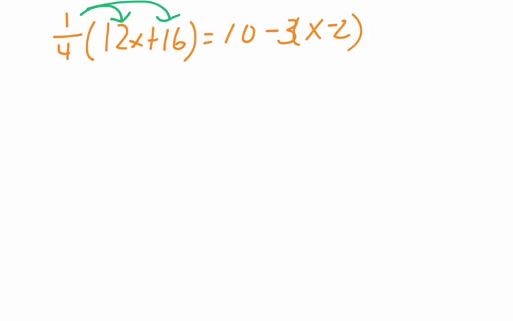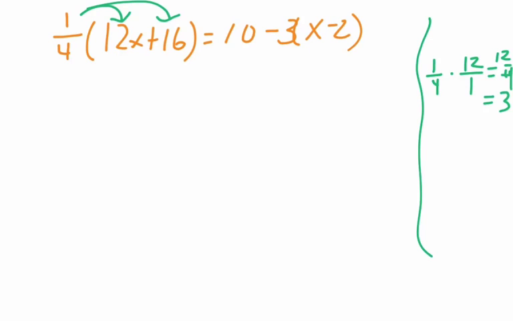So I'll do a little bit of scratch work over here to the right. 1/4 times 12. Well, that's 1/4 times 12 over 1, which gives me 12 over 4, which is 12 divided by 4, which is 3. So this ends up being 3x. 1/4 times 16 is 16 over 4, which is 4.